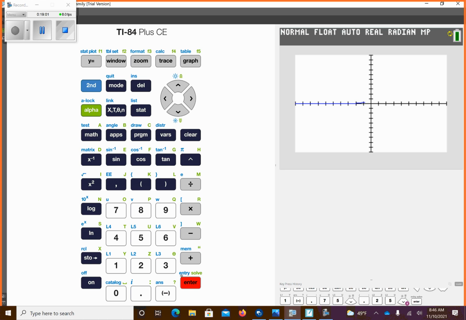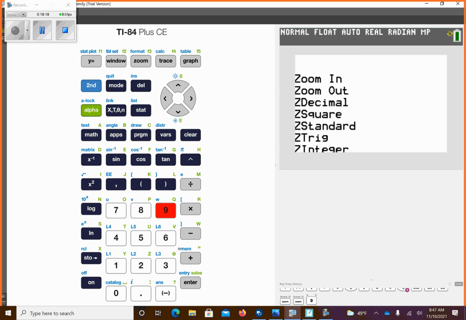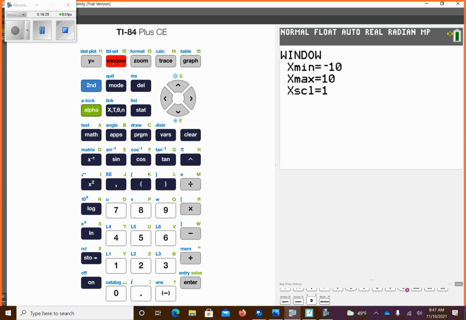All right. Then let's do second. All right. Let's go to Zoom. Let's go to window.